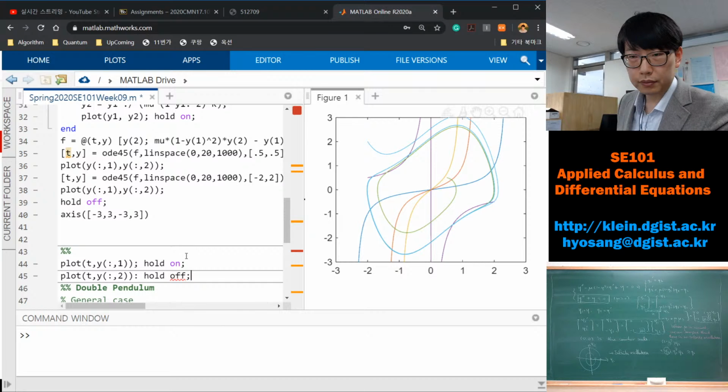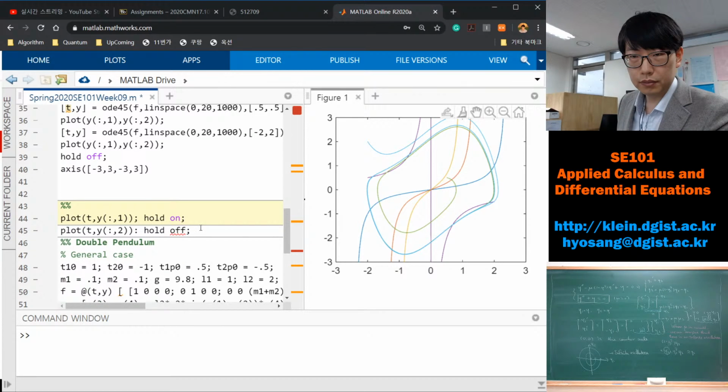So this figure is the result of the plot of y1 and y2.